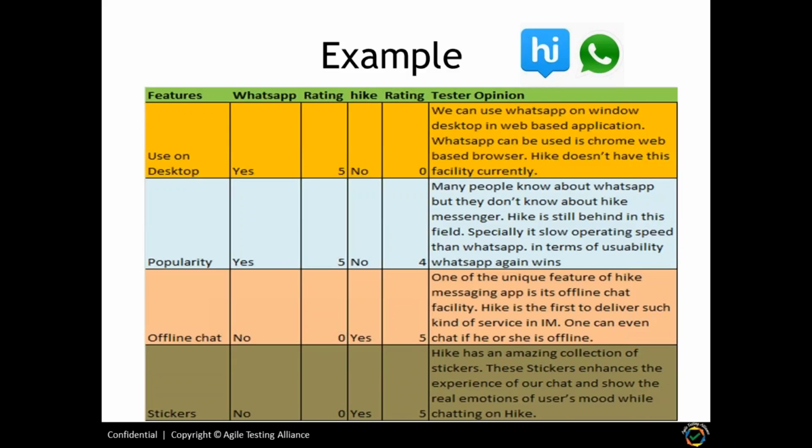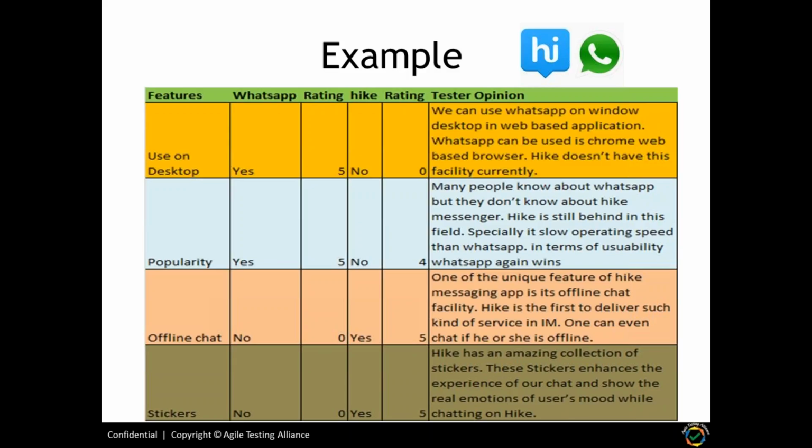So popularity wise, that is in terms of usability and number of users, WhatsApp obviously has a large fan following, and many people don't know about Hike Messenger. Secondly, Hike is still behind because it has slow operating speed, and in terms of usability as well, WhatsApp has more brownie points.